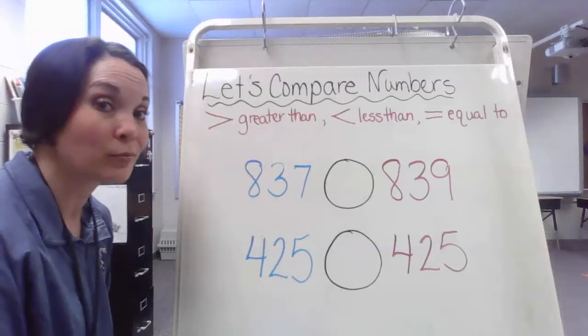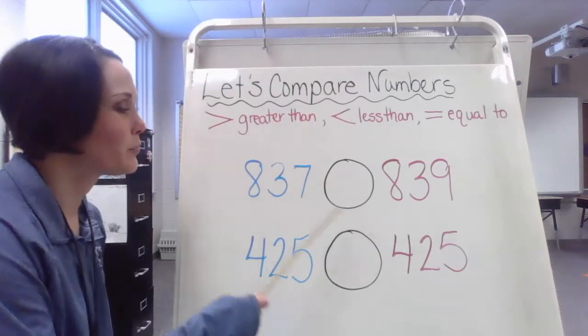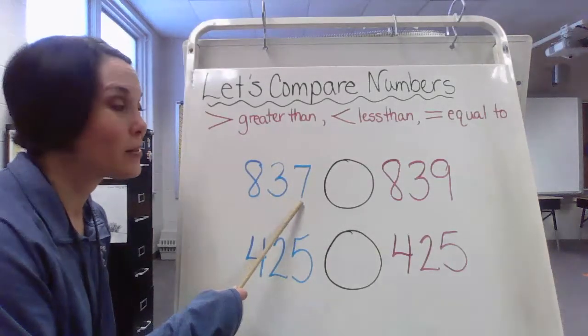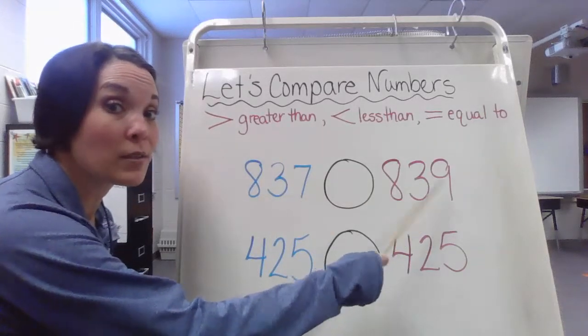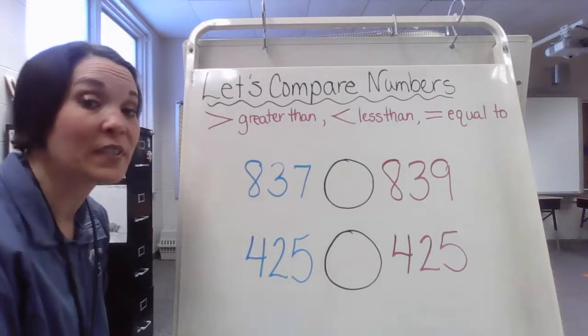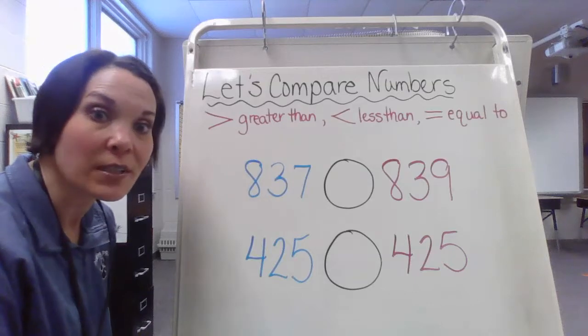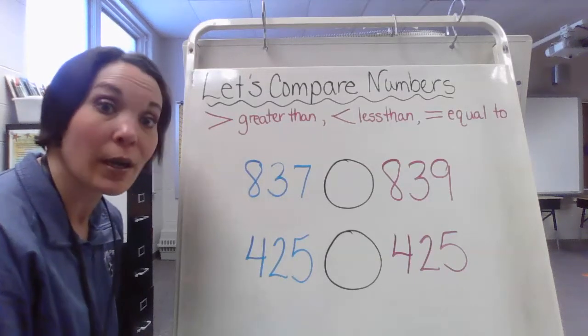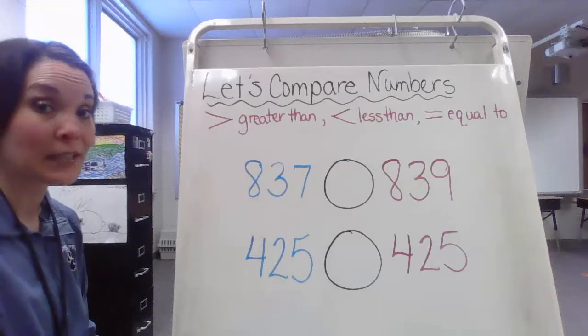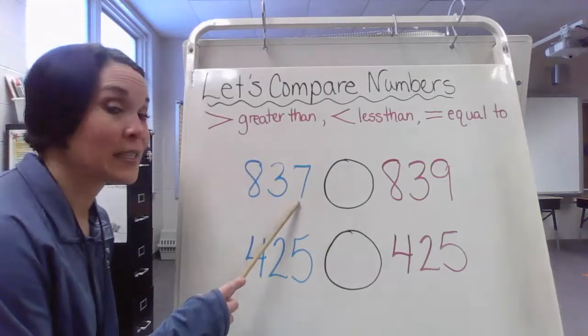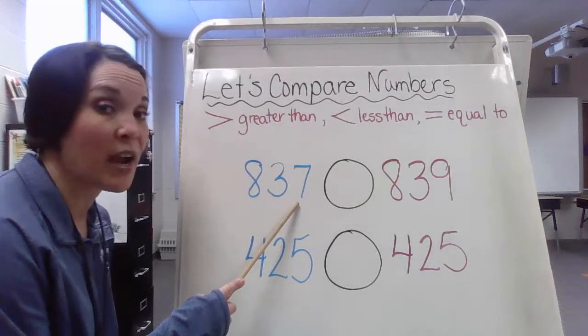So where do you think we need to go? To the ones. 7 ones, 9 ones. Now that could help us out because they're different. When they're different, we can compare them. 7 ones, what's the value?